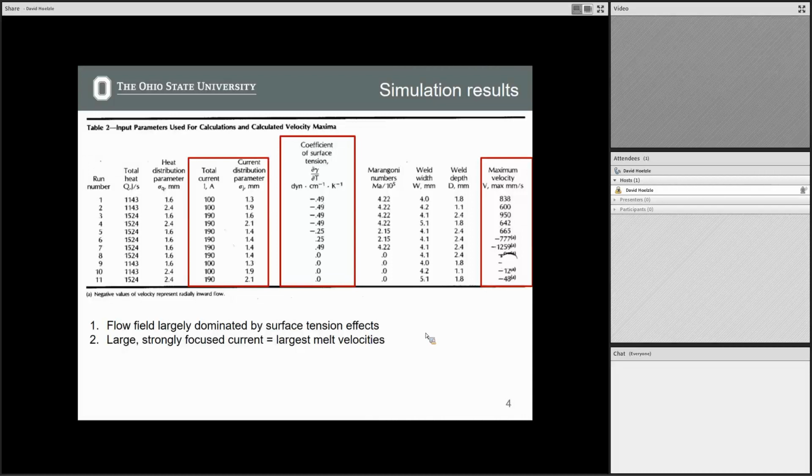Positive, they said you can get a positive number if you have certain amounts of inclusions or other non-uniform elements.